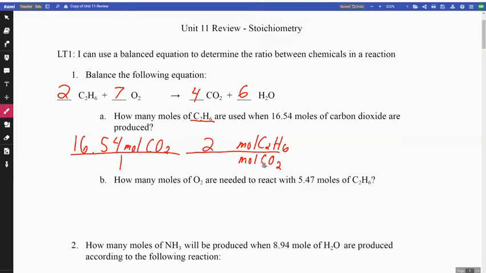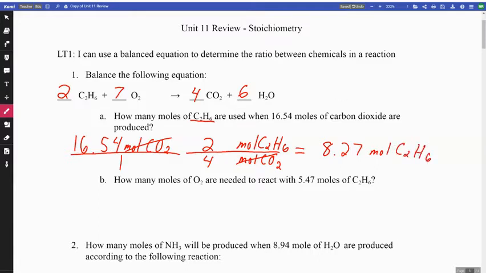Our coefficient for CO2 is 4. Moles of CO2 cancel out. We're left with moles of C2H6, which is where we want to be. So now we're done with our conversion factors, and we just do our math. We do 16.54 times 2 divided by 4, and we get 8.27 moles of C2H6.